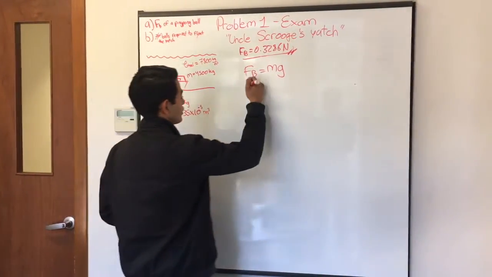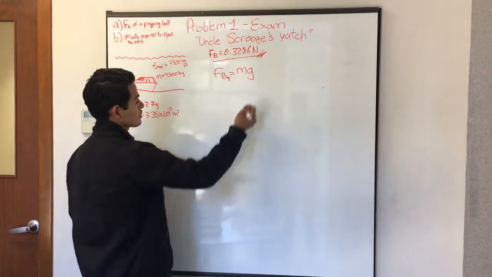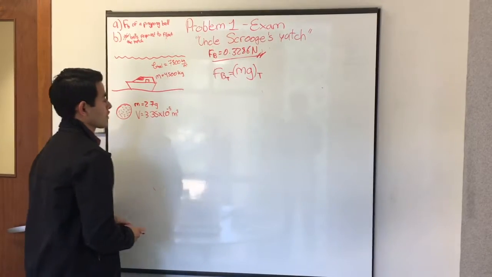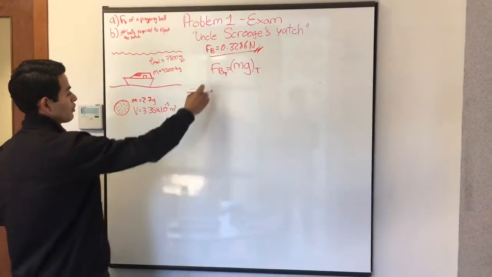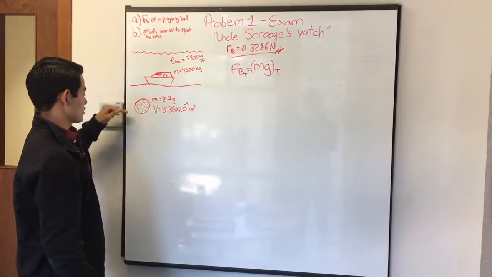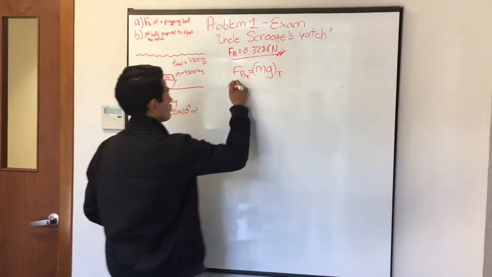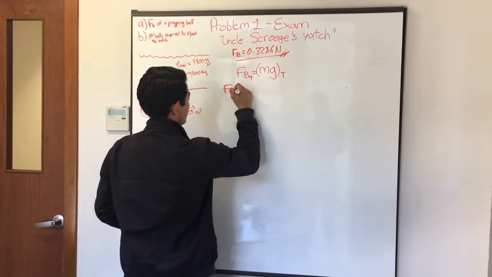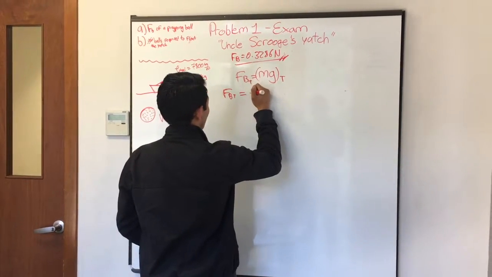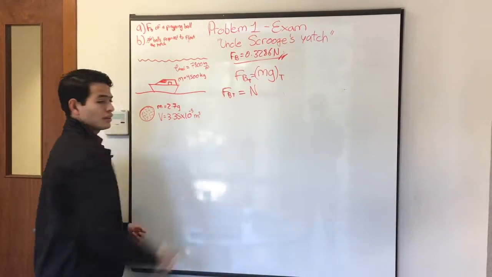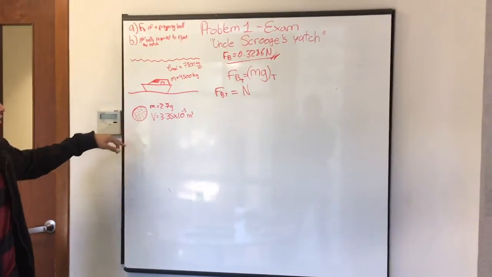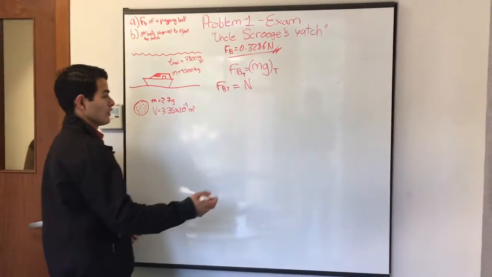So the total buoyant force equals the total weight. The total buoyant force will be the sum of the buoyant force of the ship plus the buoyant force of the ping pong balls, where we define n as the total number of balls that we need in order to lift the boat.